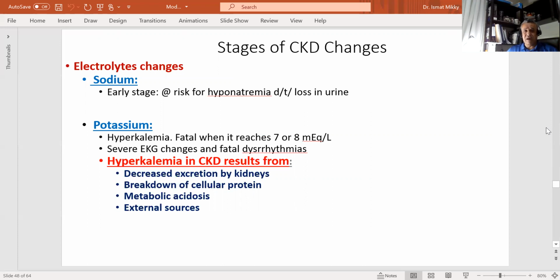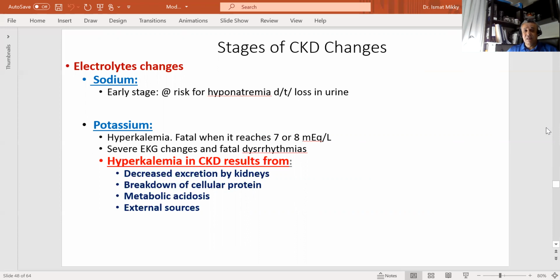Then potassium: patients with kidney failure or renal failure will have hyperkalemia. These are the causes of hyperkalemia in patients with kidney problems like chronic kidney disease or end-stage renal disease.